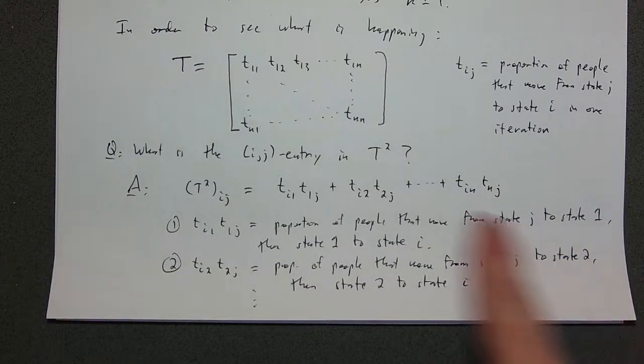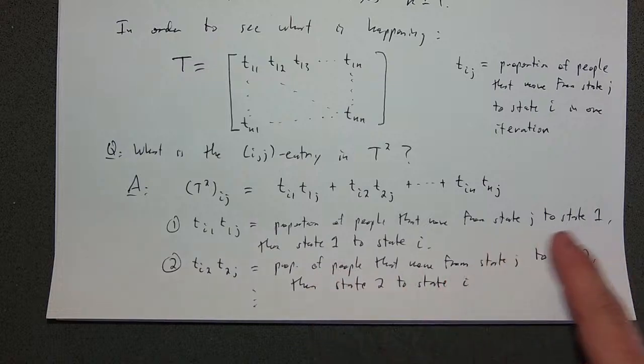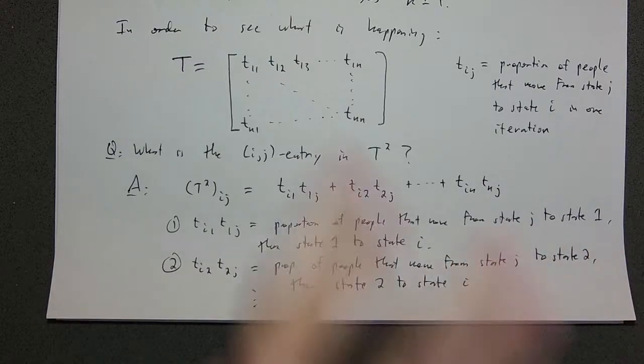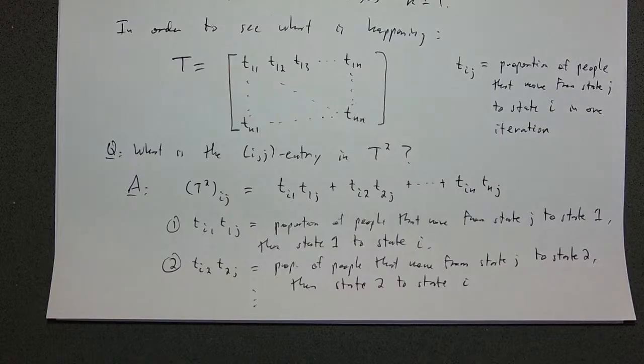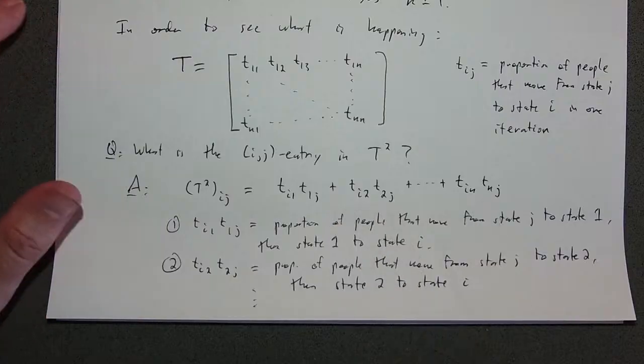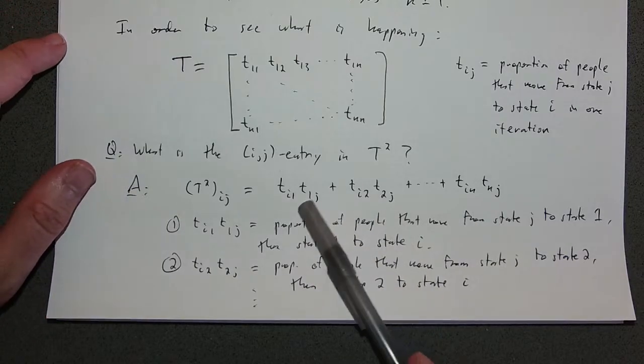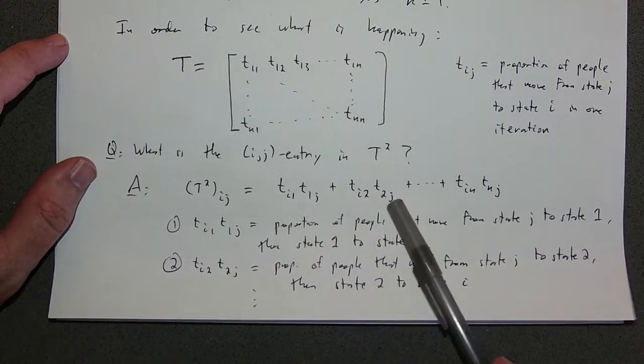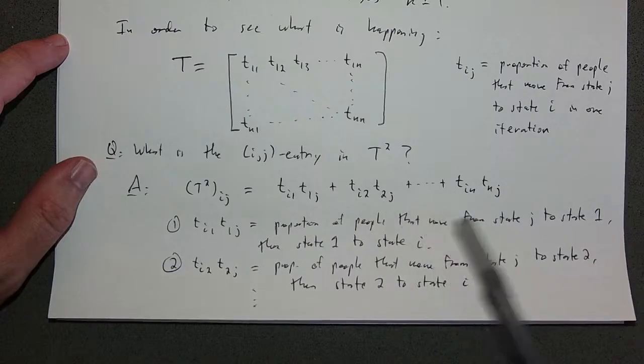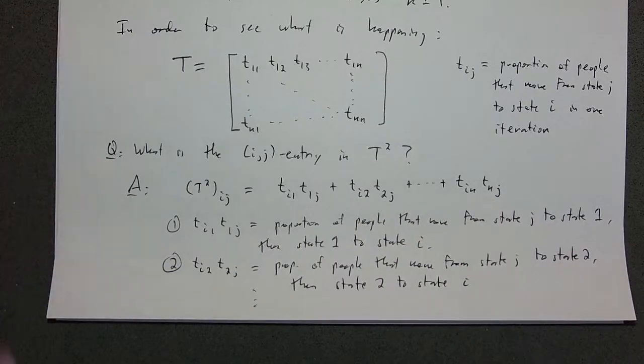Taking all of this together, and we're summing each of these, so there are n elements in this sum. What am I doing? I'm summing the total proportion of people moving from state j to state i in exactly 2 iterations. This is showing all of the ways they can do this. They can move from state j to state 1, and then from 1 to i, j to 2, then 2 to i, j to 3, then 3 to i, all the way out to j to n, and then n to i.